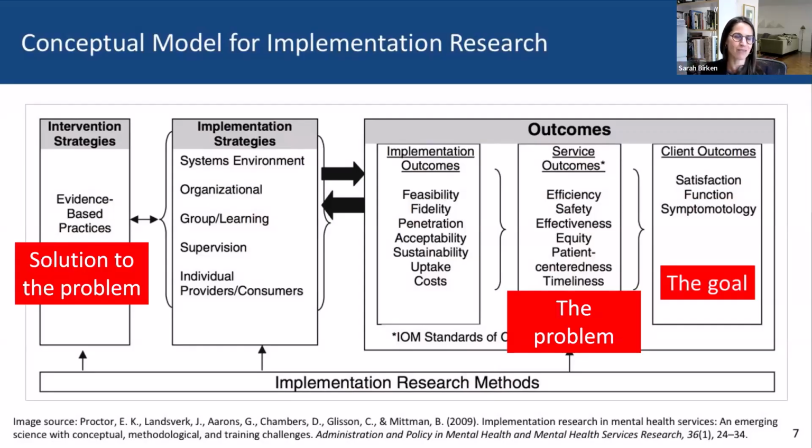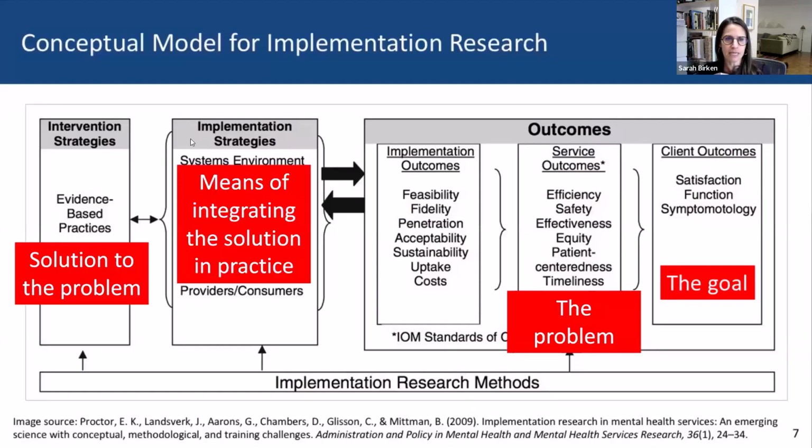I can't think of all of them, but these are things that we think are going to improve these outcomes. And historically, I have seen implementation science defined as the scientific study of the effectiveness of these implementation strategies, which are the means to integrating whatever this intervention is into practice. I take issue with that definition. I think it is overly narrow, but I can talk about that in a bit.